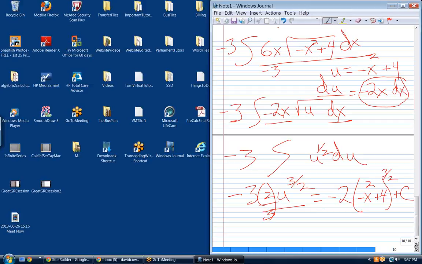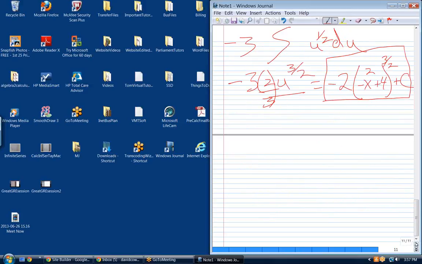And of course, one way you can always tell, if you're never sure you have the right answer, is to differentiate this. This is fairly easy to differentiate. I take this exponent, multiply it by the minus 2, so I get minus 3 times minus x squared plus 4 to the 1/2 times the derivative of the inside, which is minus 2x.